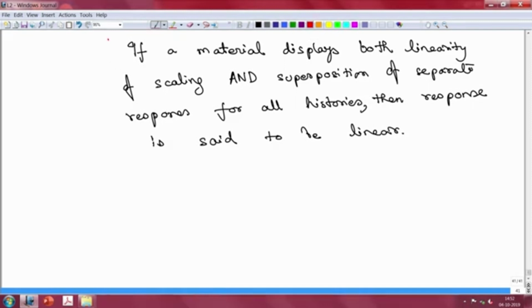So, this is an important criteria for us.